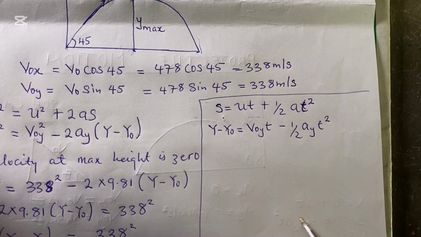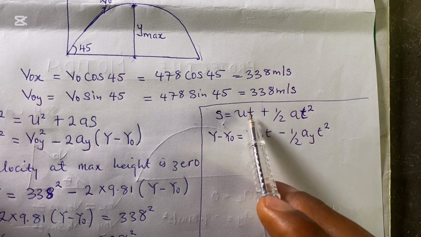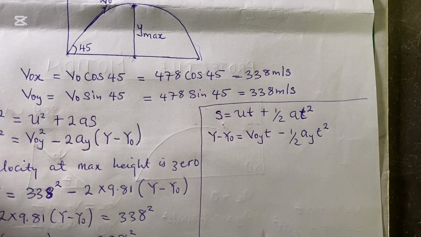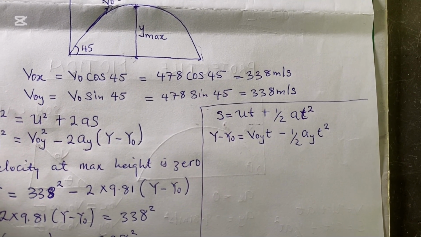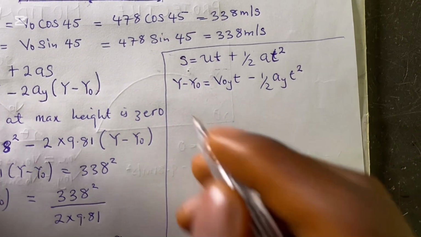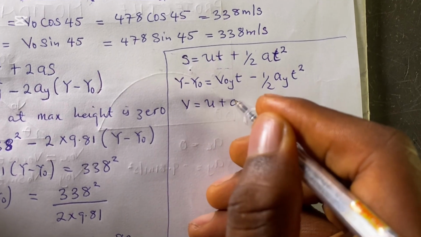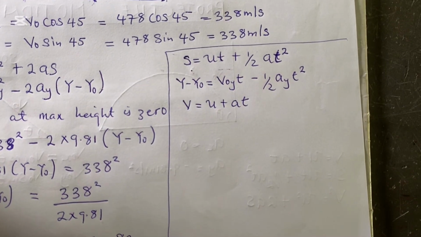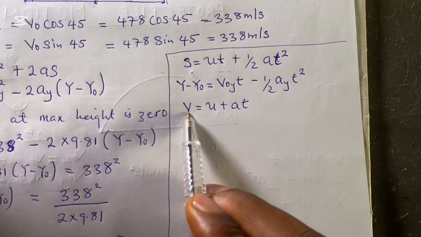All right. Now the problem is, how do we find the time taken to reach the maximum height? Because we need it in this equation. So how can we find the time? We can use the first equation of motion to find the time. Remember this one, v is equal to u plus at. Remember, we have defined that at maximum height, velocity is 0.